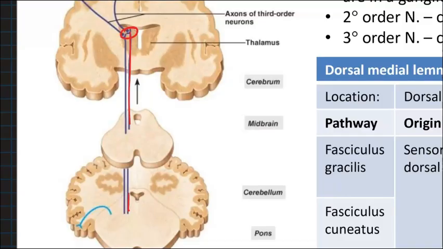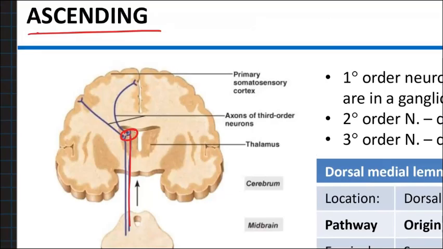And in the thalamus, the second order neuron forms a synapse with a third, which delivers the sensory information to your somatosensory cortex. Does that make sense? In a very simplified way: first order, receptor to spinal cord. Second order, spinal cord to thalamus. Third order, thalamus to cortex.